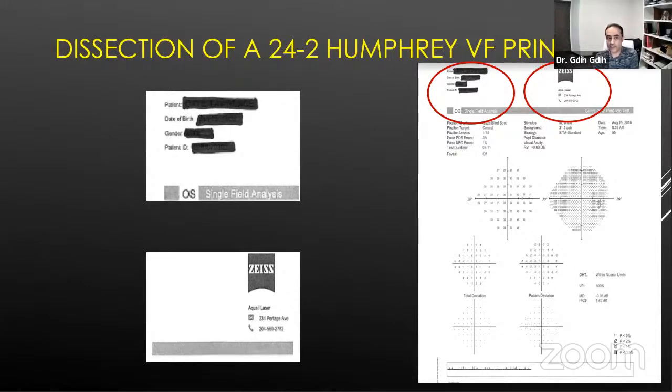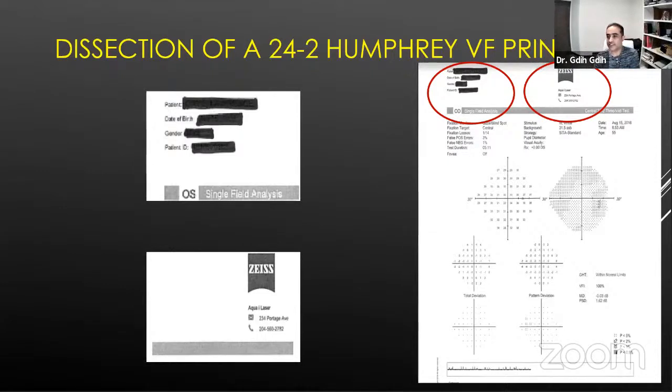Date of birth is important because, as we said, the Humphrey visual field test is an age-matched test. It uses data stored in it from the normal population according to their age.